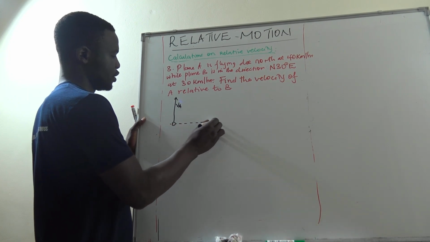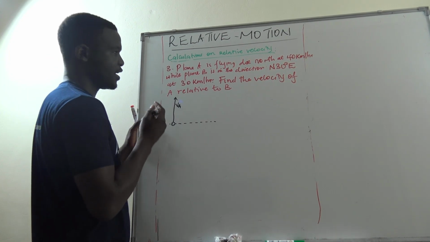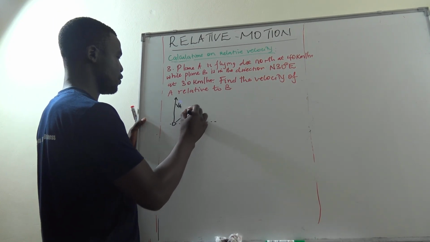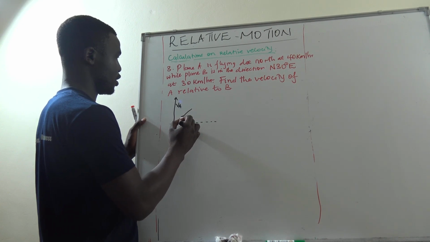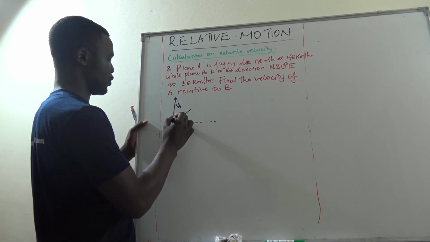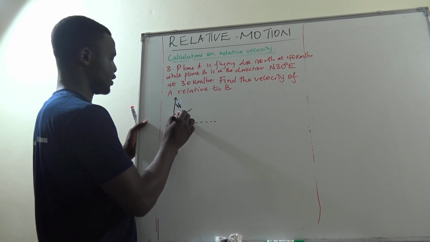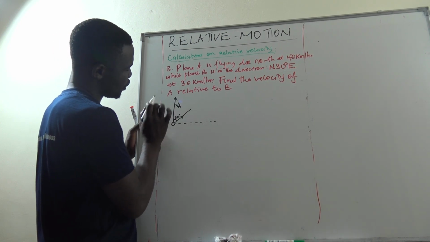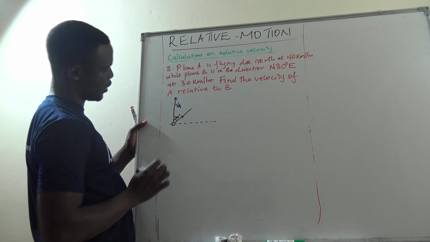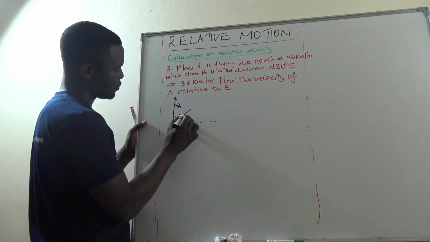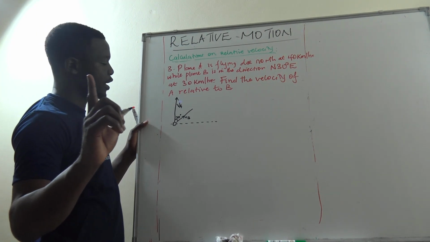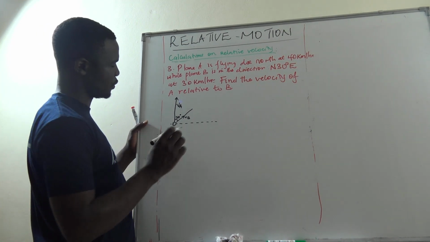Now if we take this to be the horizontal, there is another plane moving in the northeast direction at 30 degrees. When we draw this diagram, which gives us a triangle of velocities, we must make sure the lines are proportional to the velocities.